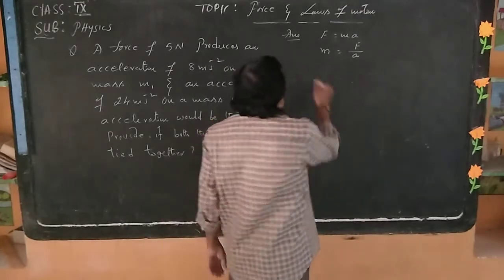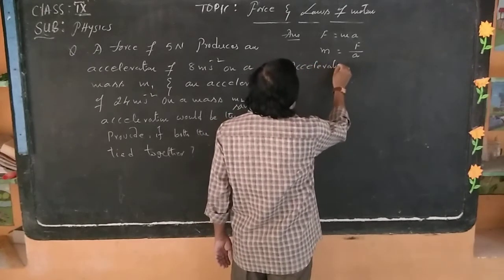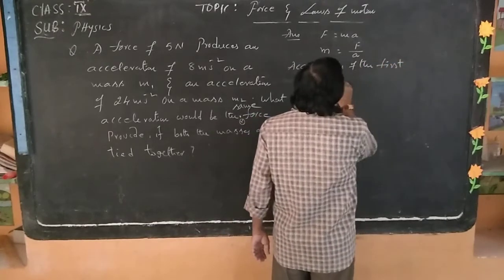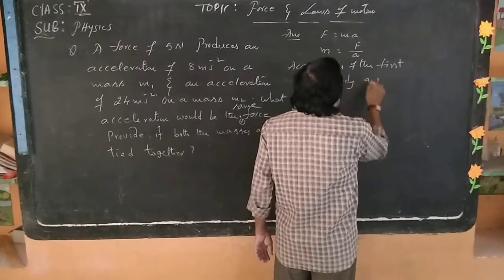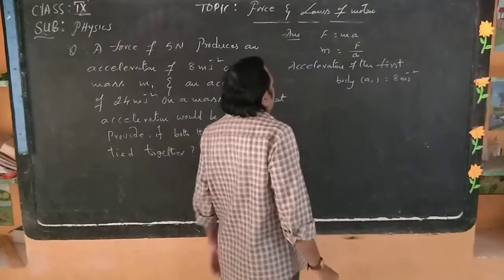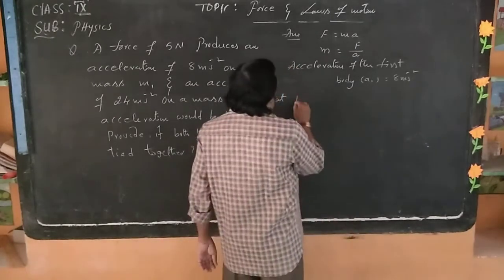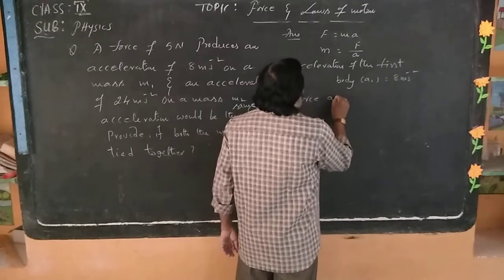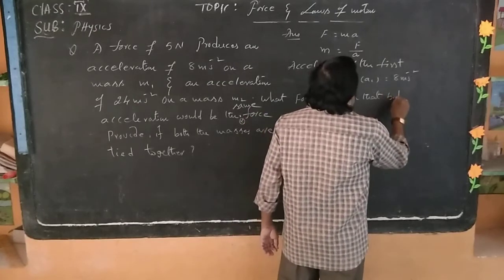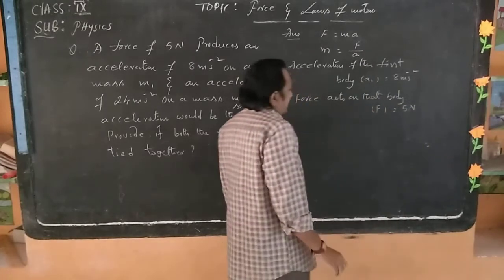So first, the acceleration of the first body is equal to how much? 8 meter per second square. The force acting on that body, F is equal to how much? 5 newtons.